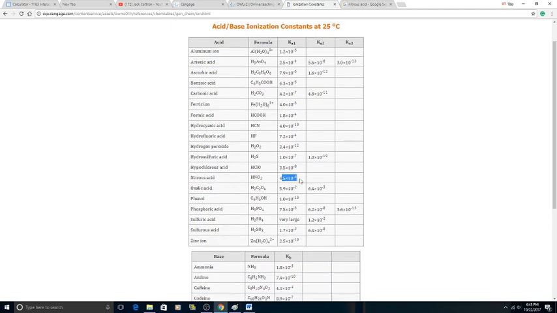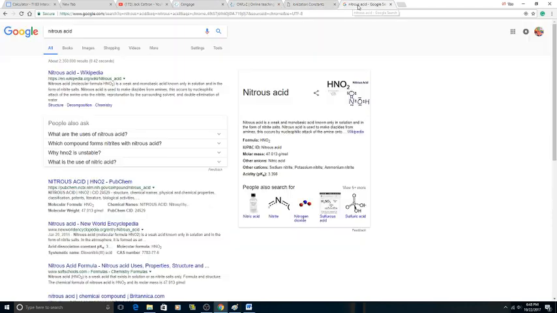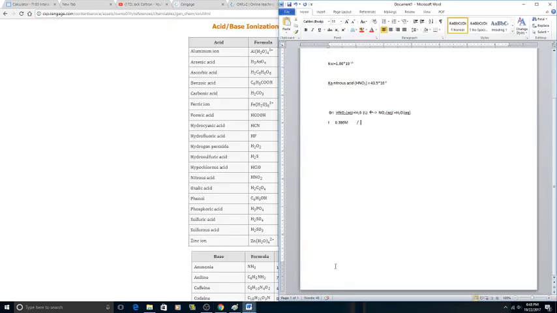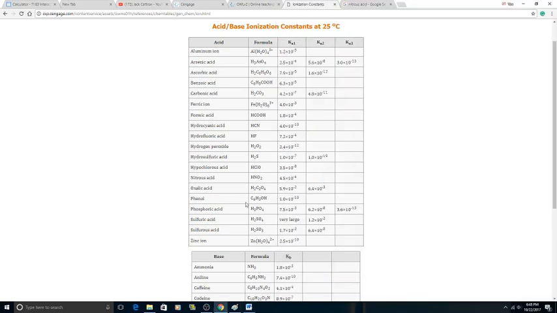It's 4.5 times 10 to the negative 4. And our Kw, our auto ionization constant for water, is 1.00 times 10 to the negative 14. So we're probably going to need to know some of this stuff. So we just pulled it from the table. 4.5 times 10 to the negative 4.